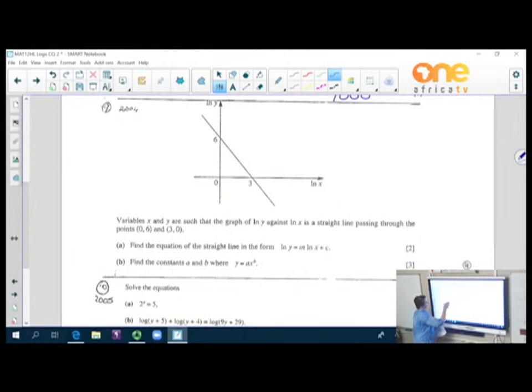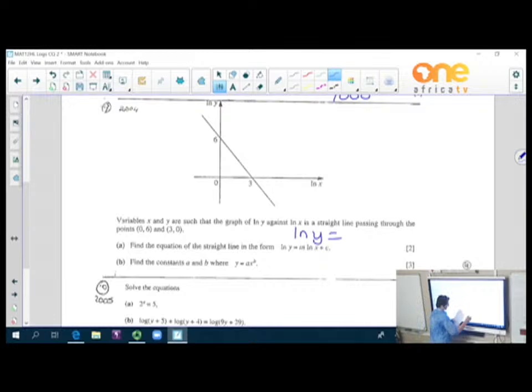Question 9. What do we have? ln y against ln x. Both axes are ln. The variables are there, and we have those points. Find the equation of the straight line in the form ln y is equal to m ln x plus c. So ln y is equal to, what is the gradient?